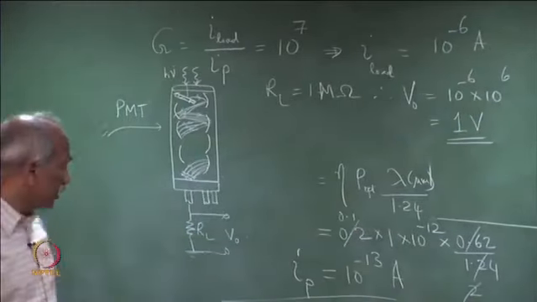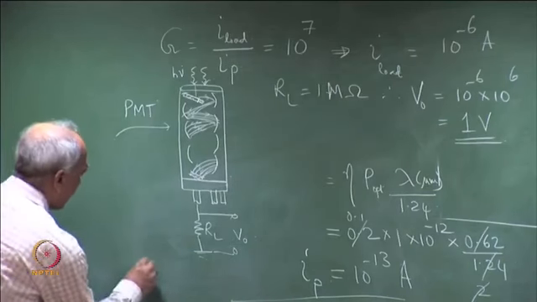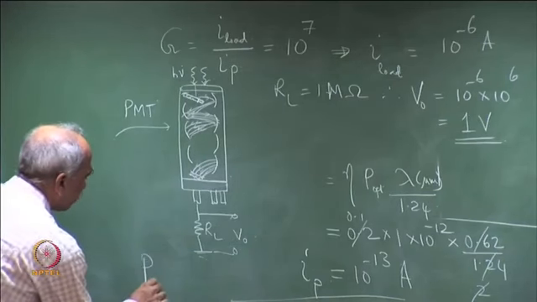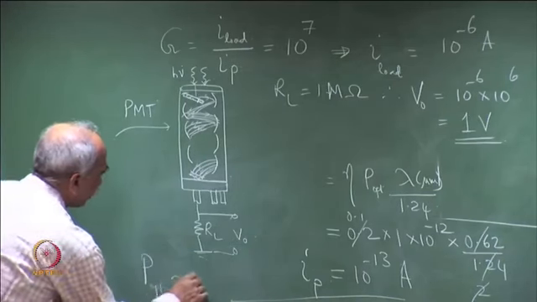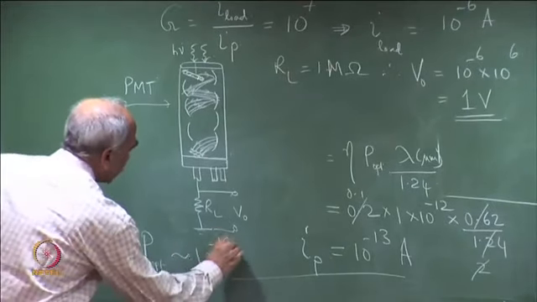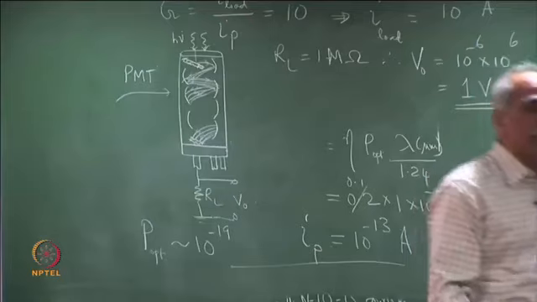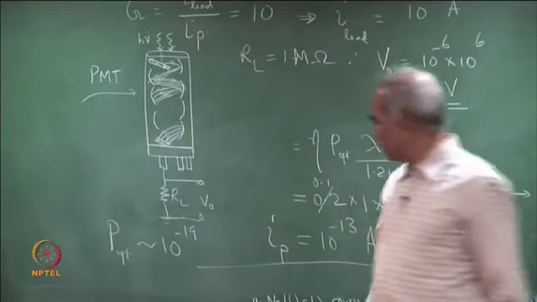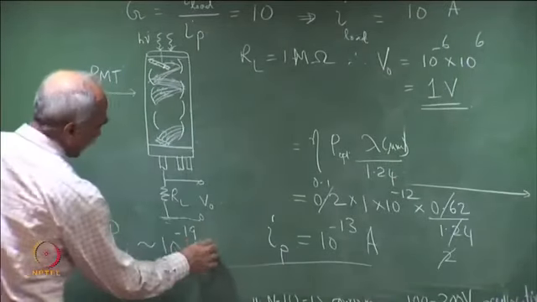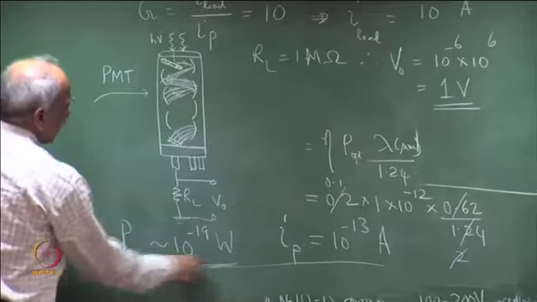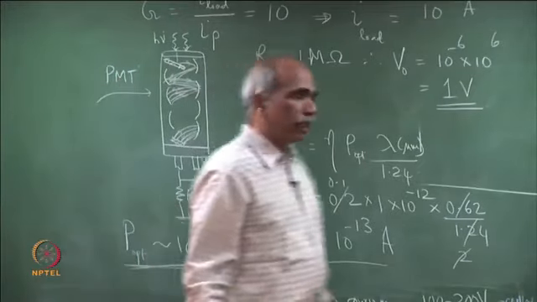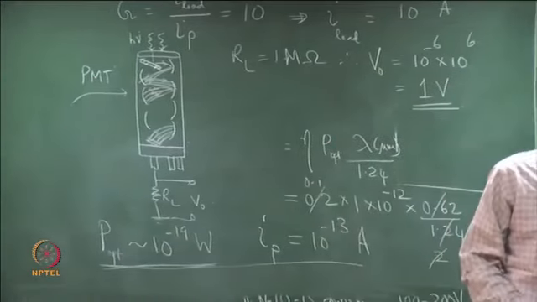Indeed, one can easily detect power. I mentioned that power of the order of 10 power minus 19 watts can be detected. This calculation was for 1 picowatt, 10 power minus 12 watt, but one can detect powers as low as 10 power minus 19 watts using a PMT.